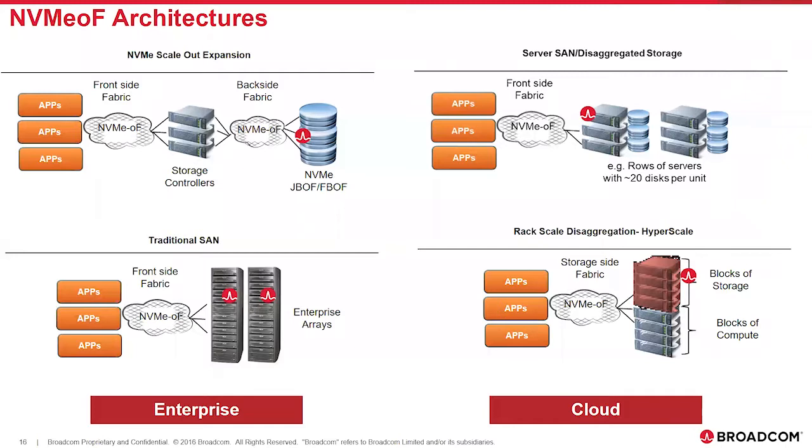And over time, that architecture will probably migrate to a more disaggregated system where the compute and the storage boxes will be physically separate, and the two will be connected again using fabrics.